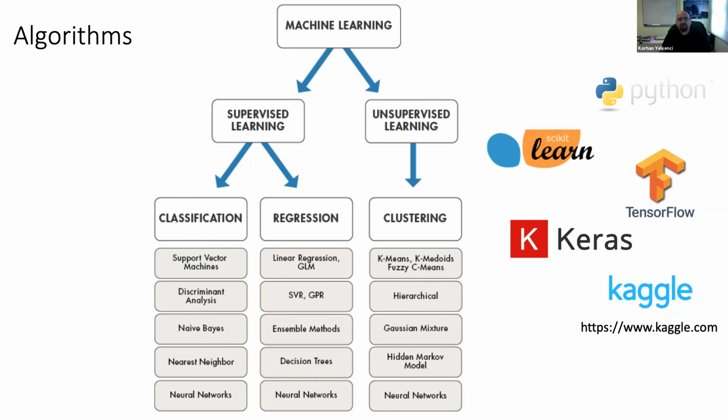Okay, machine learning. If we divide into supervised and unsupervised, there are the classification and clustering parts, and there are many algorithms, as you can see here. Those come from the scikit-learn library, TensorFlow, Keras.